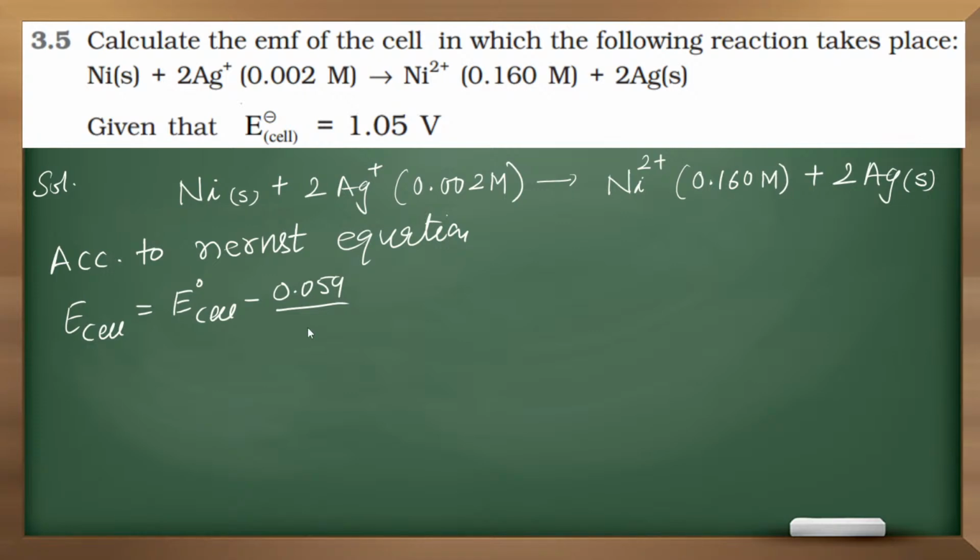So n value is 2, log of product over reactant, because solids are neglected, ignored, because their value is taken as unity.